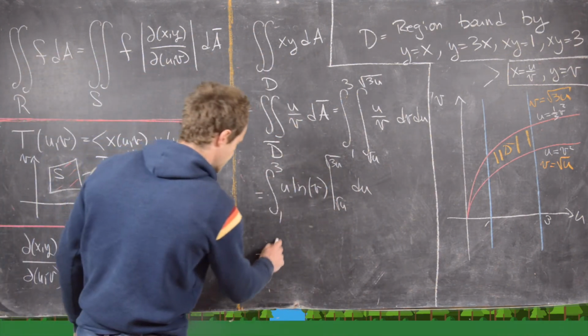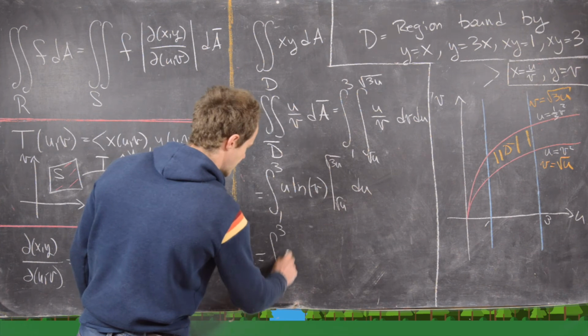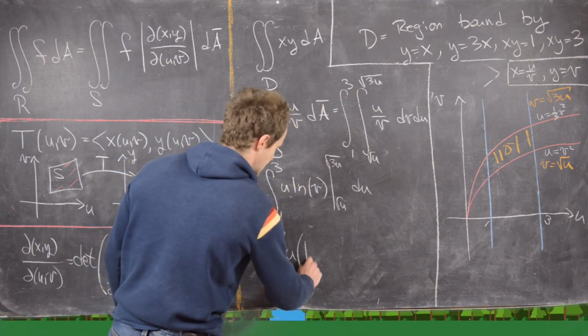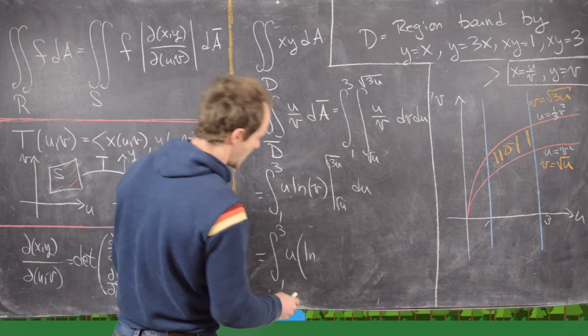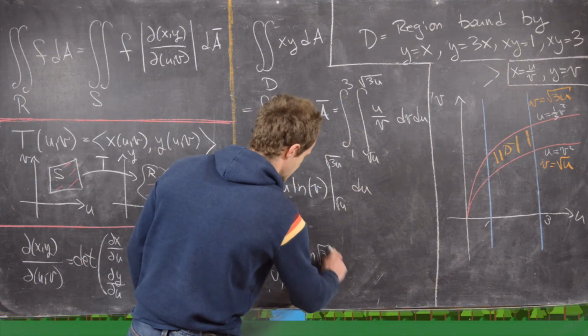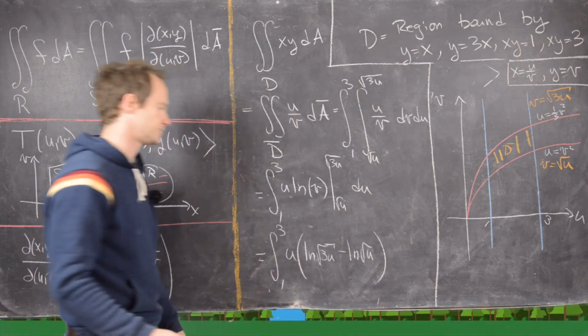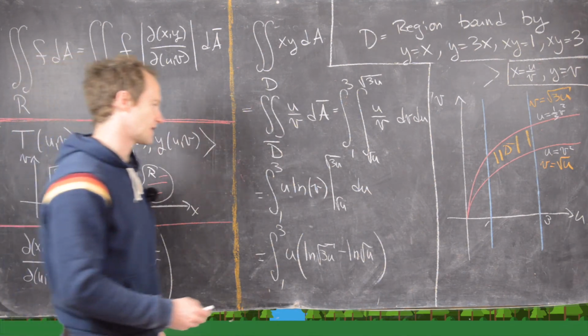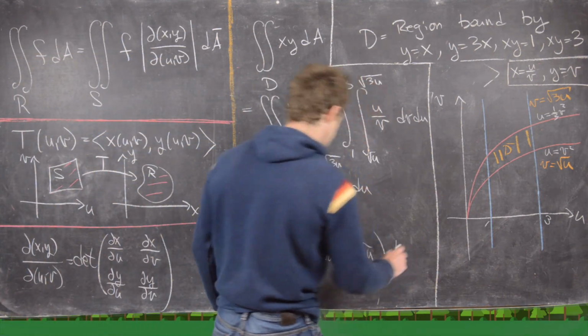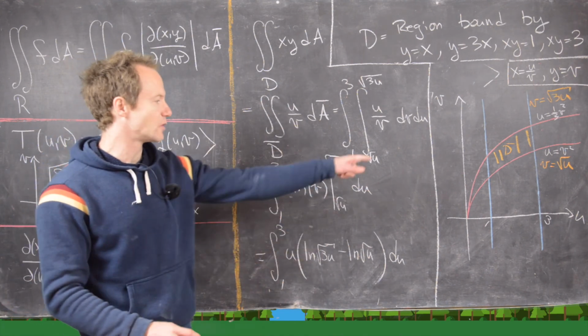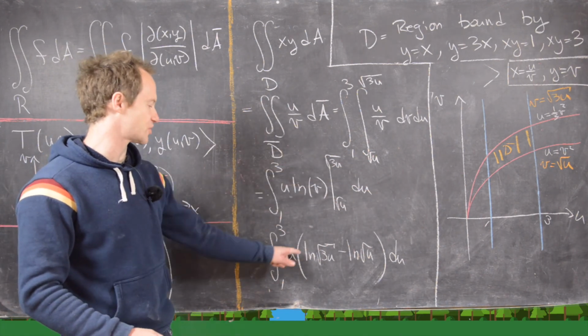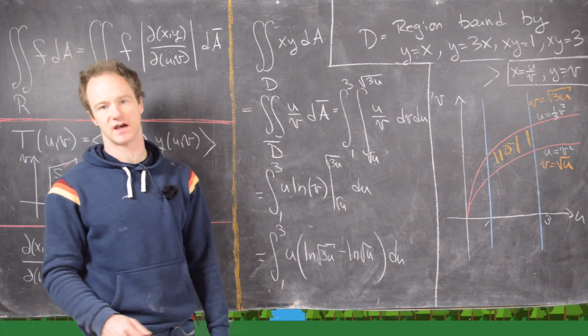So notice that's going to be the integral from 1 to 3 of u times the natural log of the square root of 3u minus the natural log of the square root of u. So we've got something like that going on, and then du. Okay, so now we're done with our picture. I'll clean up that picture and then we'll just continue this on the other side.